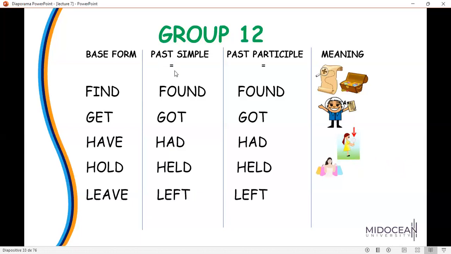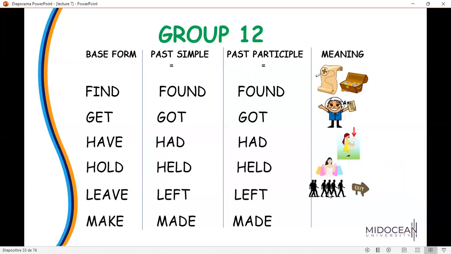So here you have the simple past left, and the past participle left. Verb to leave, c'est-à-dire quitter. OK? Quitter la salle, par exemple, OK? Ici, you have the photo, for example, here, as you see, donc regardez la photo, exit. OK?